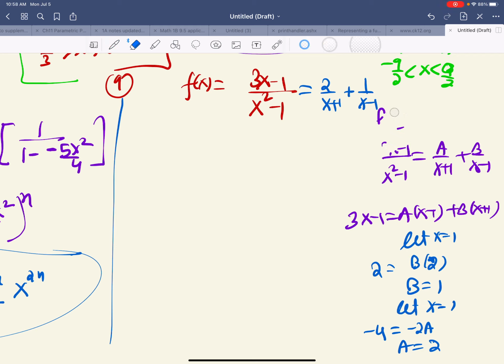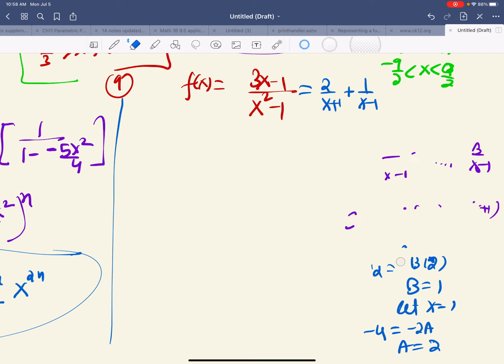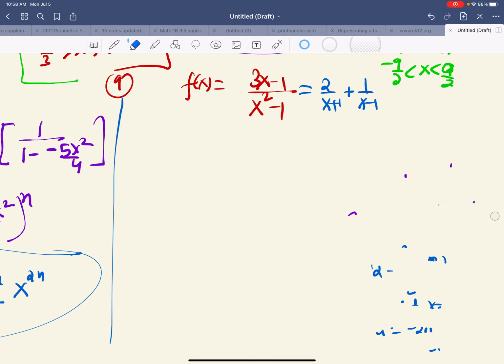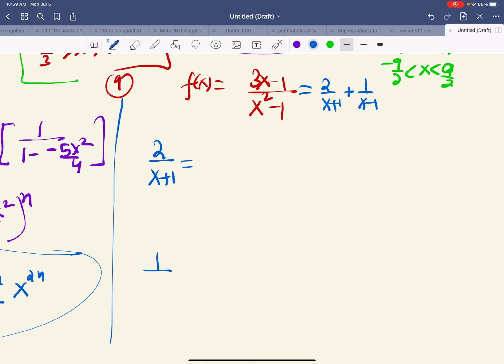Okay, once we have that, it should be very much doable. We should be able to find the power series for individual functions and then add them up. So for 2 over x plus 1, power series would be, let's just do 1 over x minus 1 first. We want to have 1 over 1 minus x. So I'm going to pull out a negative, which is going to be negative summation n is equal to 0 to infinity x to the power n.